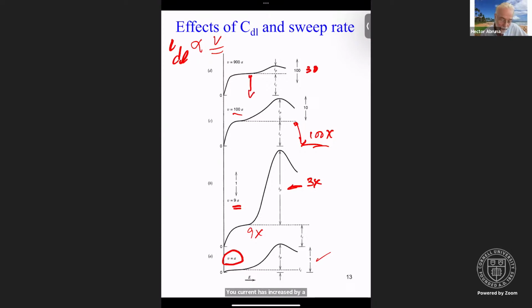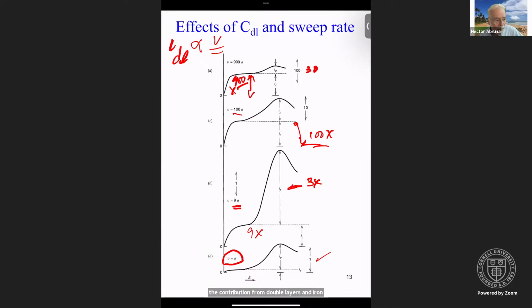Your background has increased by a factor of 900. The message here is that you can certainly play around with sweep rate, but you have to be very careful that you're minimizing the contribution from double layers and IR drops, etc.